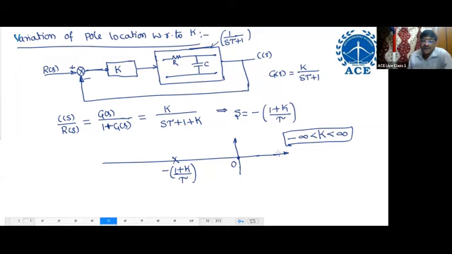Okay. So variable pole location, this is with respect to k. As k changes, pole location changes. As the pole location changes, the response is going to change.